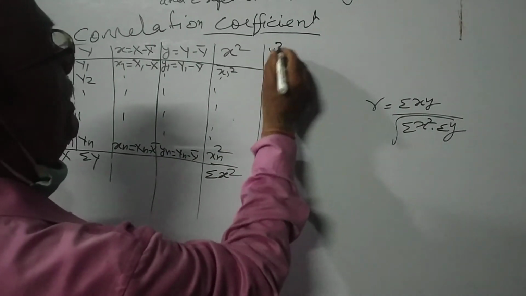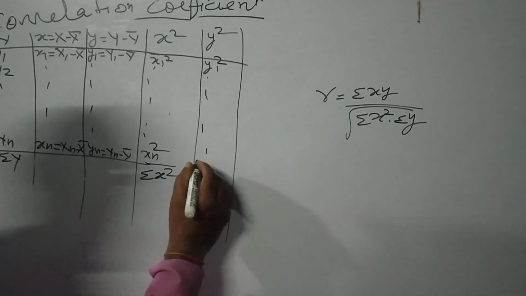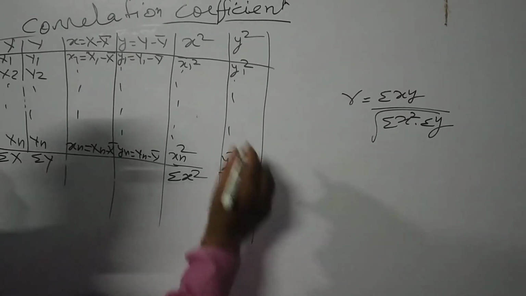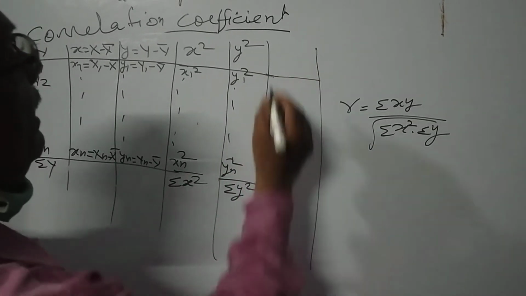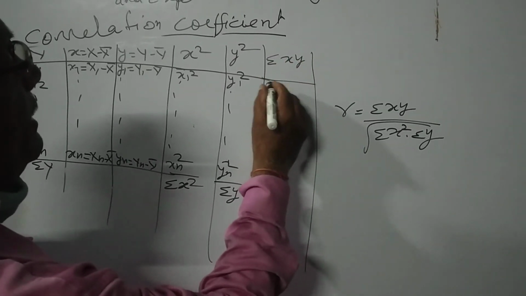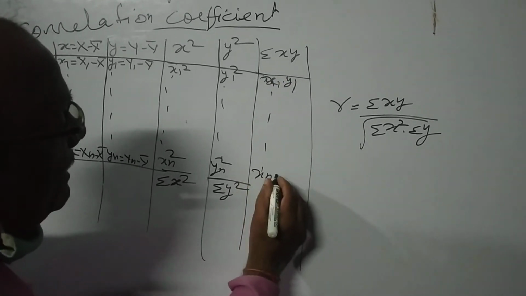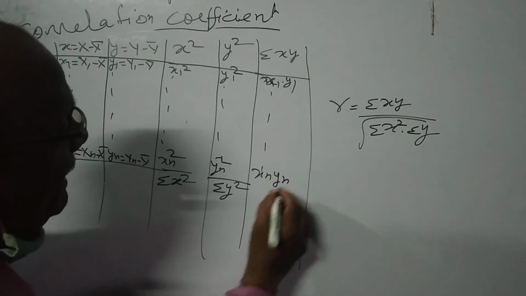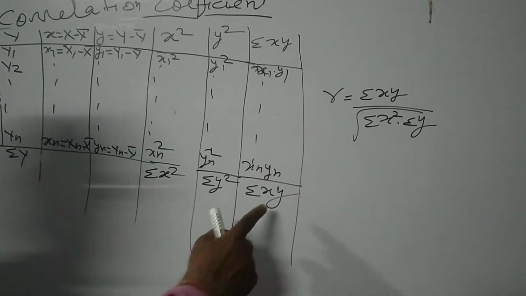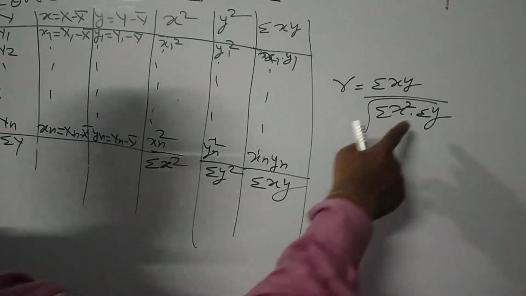Similarly y square means y1 square up to yn square, giving summation y square. Summation xy is x1 into y1 up to xn into yn. Now we put these values in their places.